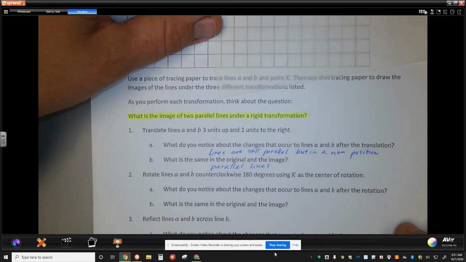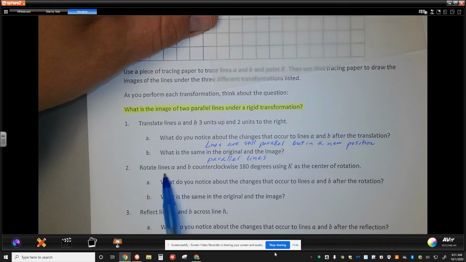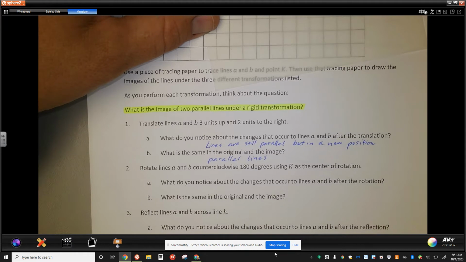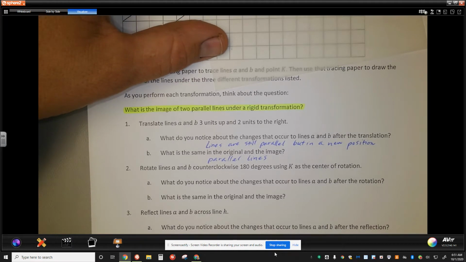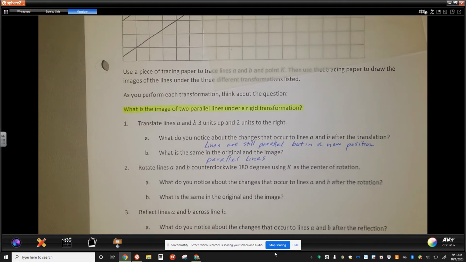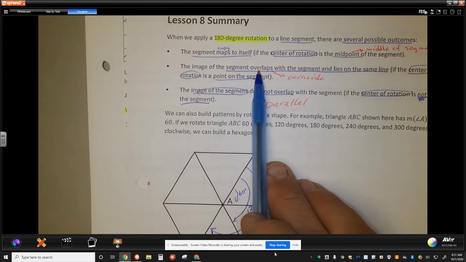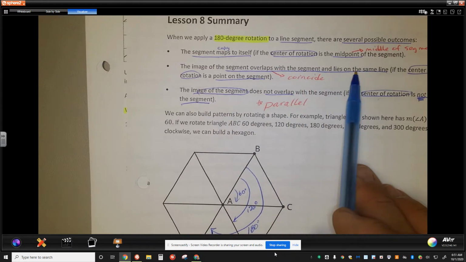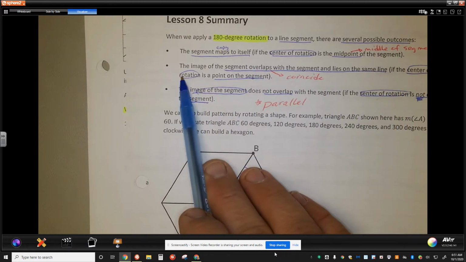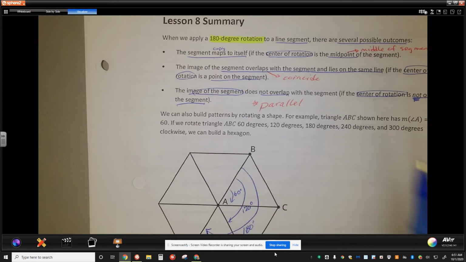Okay. Problem number 2 says we're going to rotate lines A and B counterclockwise 180 degrees using K as the center of rotation. Now, as you recall, when we did a 180 degree rotation around a point on the line, there was something happening. In our last lesson, when we do 180 degrees, the image of the segment overlaps with the segment and lies on the same line if the center of rotation is a point on the segment.